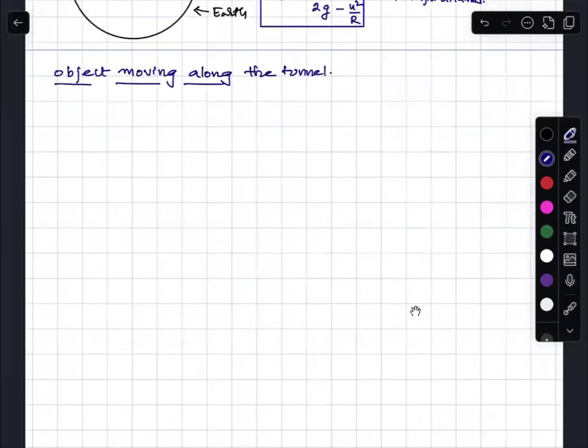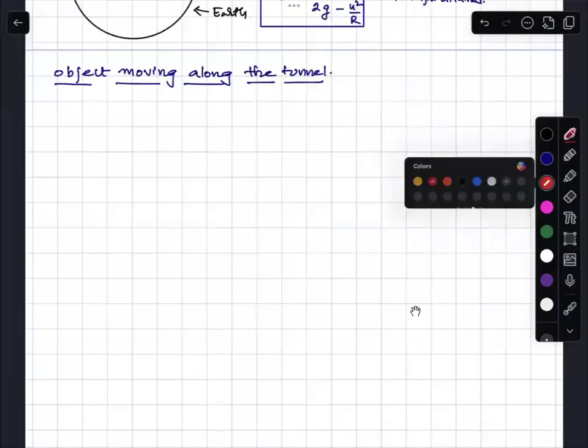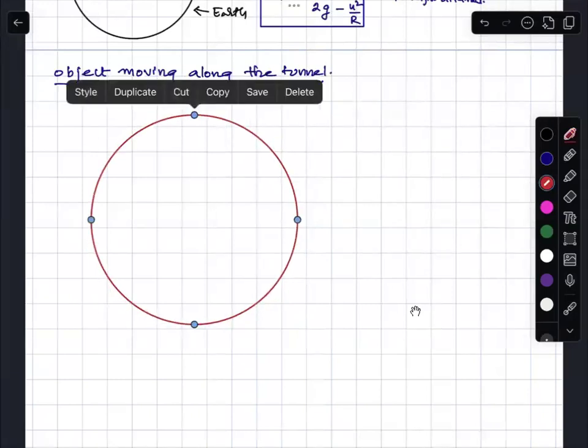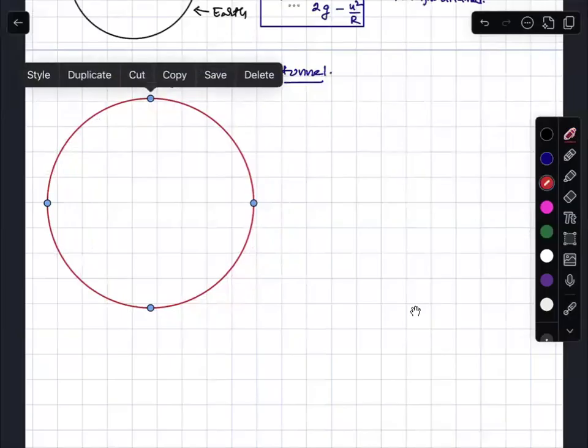In this case, this we can consider as earth.